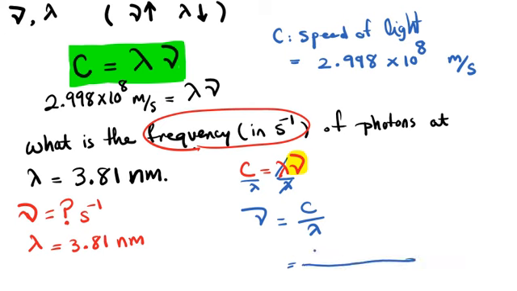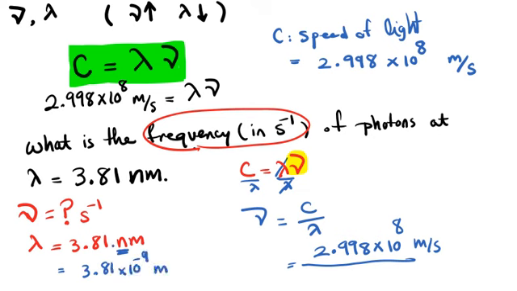C, the number constant, is always given to you: 8 meter per second over lambda. Guys, lambda is reported in nanometer, so I'm going to write 3.81, and the meaning of nano is 10 to negative 9 meter.